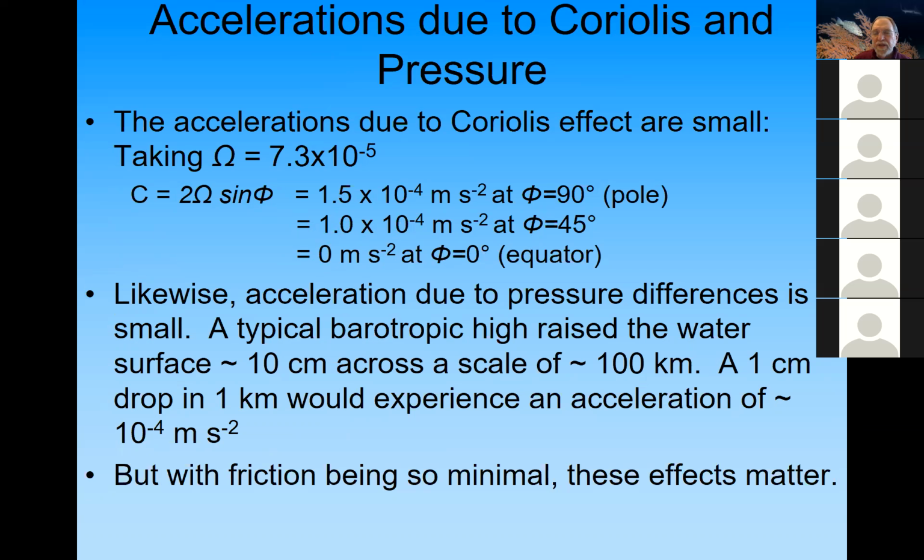And when we consider the huge volumes of water that are in motion in the ocean, these tiny accelerations and these tiny deflections are important. So there are little tiny arrows added to the overall forcing factors. But those little tiny accelerations due to the Coriolis effect have a huge influence across oceanic scales.